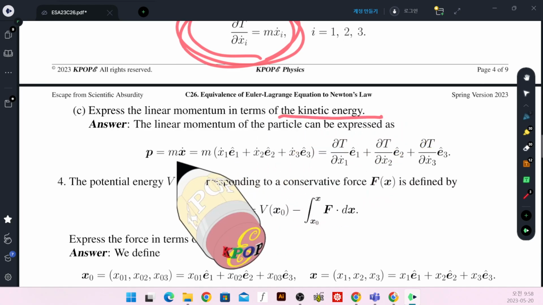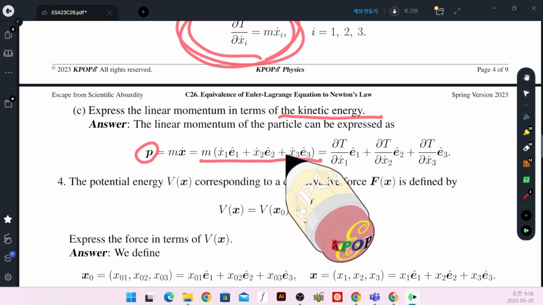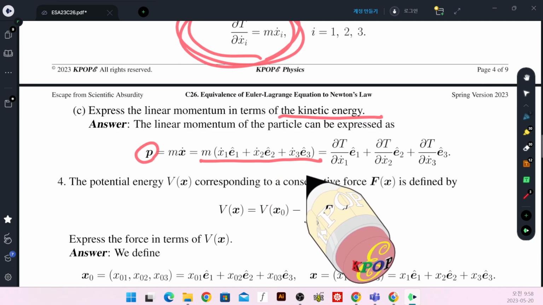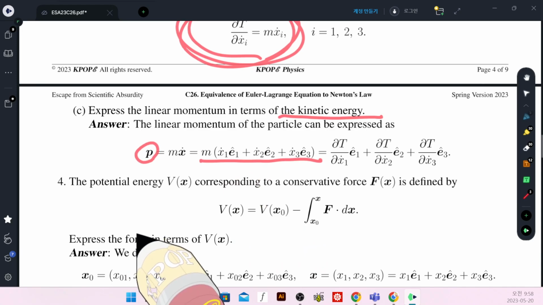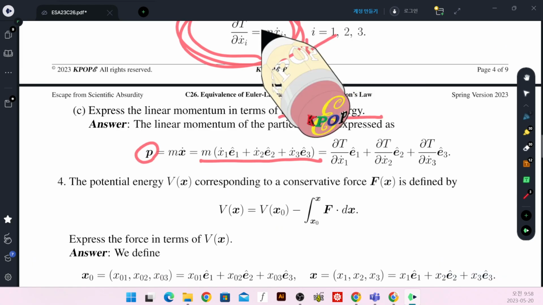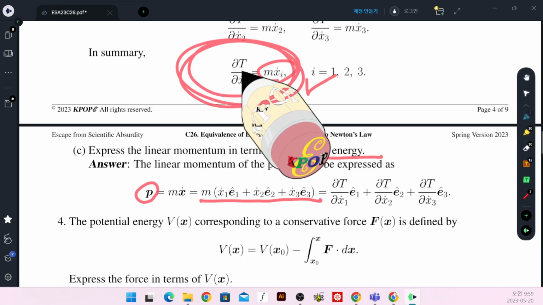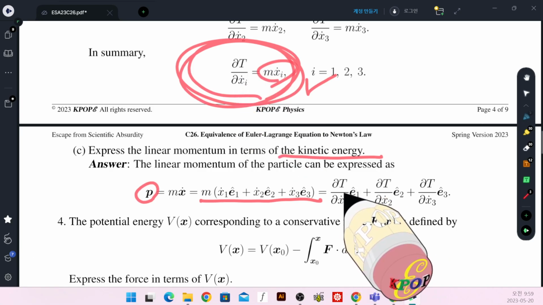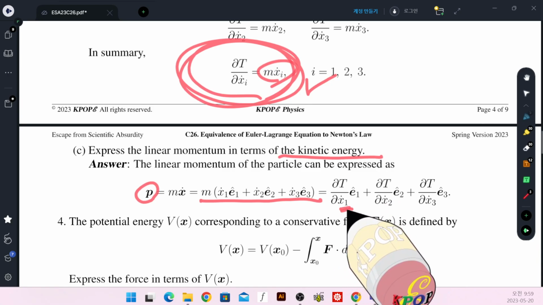Yes, so I can write the linear momentum as a linear combination of the three Cartesian unit basis vectors, and each component is the mass times a Cartesian component of velocity. And as we have found, this linear momentum can always be expressed as a partial derivative of the kinetic energy with respect to the ith component of the velocity in the Cartesian coordinate system.